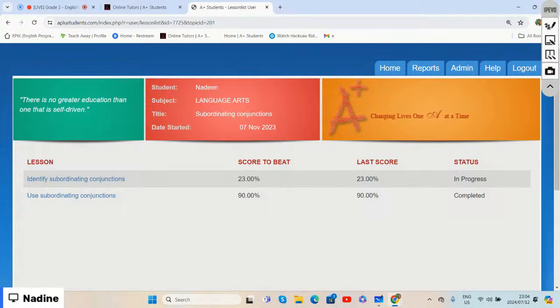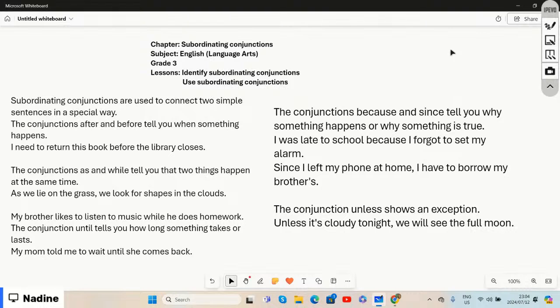All right. So we see that our chapter is subordinating conjunction. Our subject is English Language Arts, grade 3.